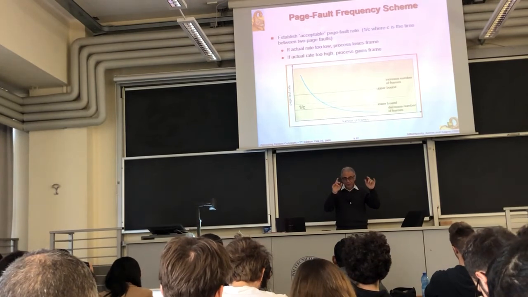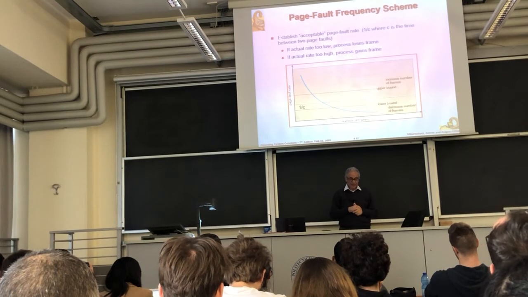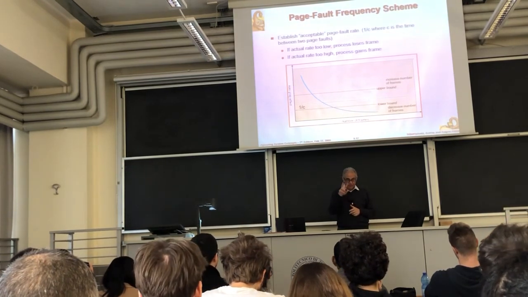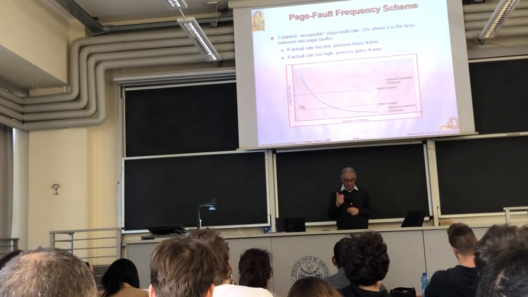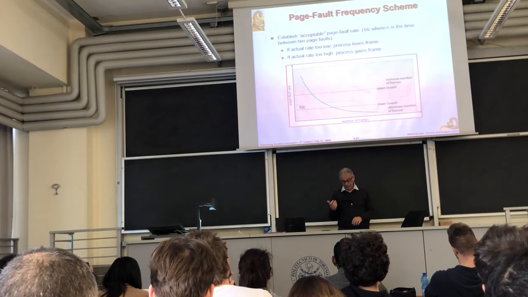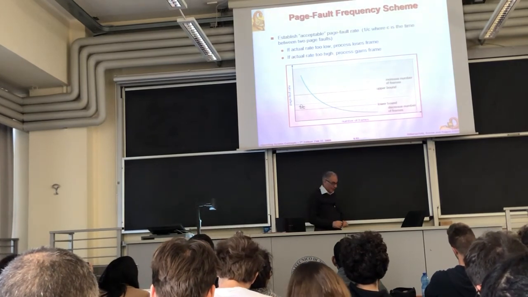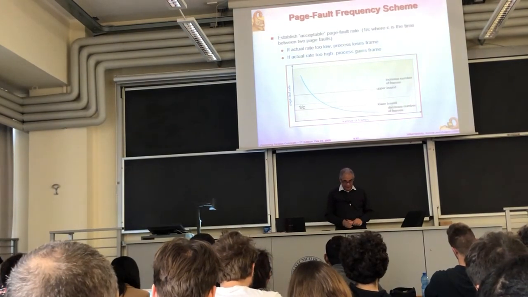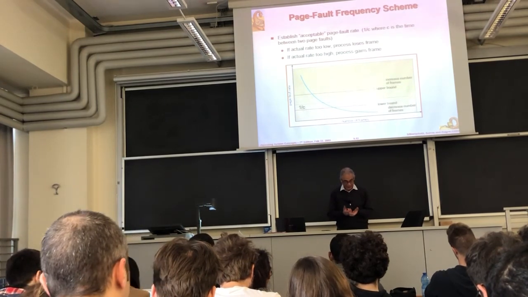Okay? So, if this interval is small, so the frequency is higher than the one we accept, it means that we don't have enough pages in memory. So we add the page in memory, a frame.